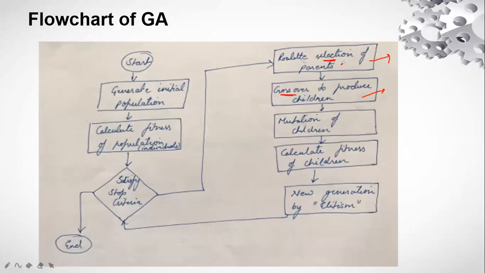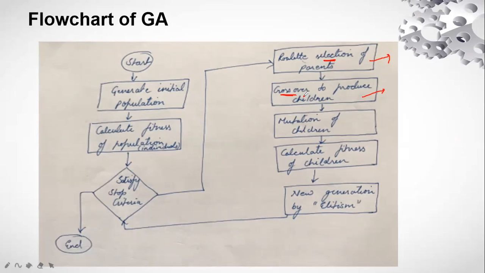The individuals which have a good fitness function will be the ones selected as parents, with the help of certain techniques which we did in the earlier lectures. Then after the selection, reproduction takes place. So when we are doing the reproduction, we need to do the crossover.